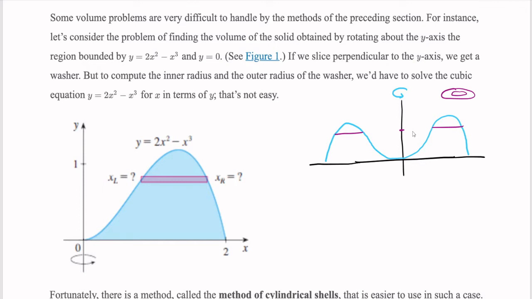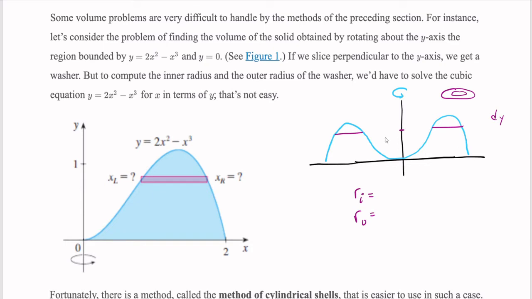But here's the problem. How did the washer work? The washer worked by us needing an inner radius and an outer radius. Remember, we picked a y value for this, so I'm thinking, let's do dy, because that's what happened before. If we were doing this washer method and went around the y-axis, we did dy.